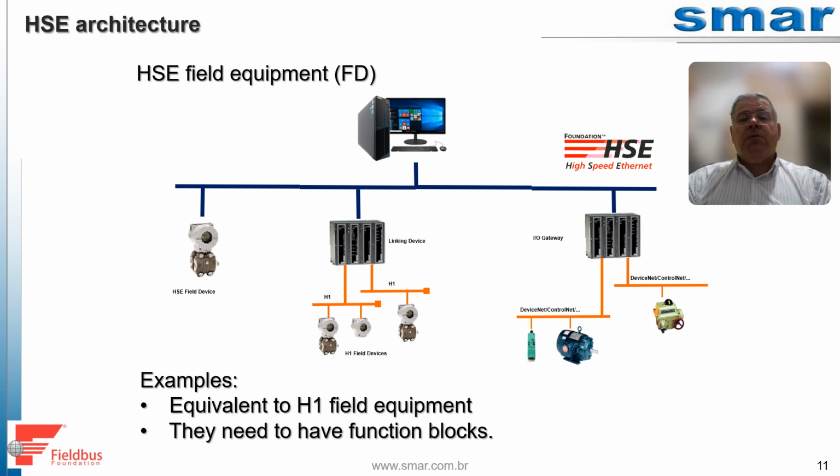For example, Foundation Fieldbus devices interconnected directly to the Ethernet network, such as the LD302 and the TT302 from the Foundation Fieldbus family. They are generally devices that include functional blocks that can be modified to accommodate different control tactics.